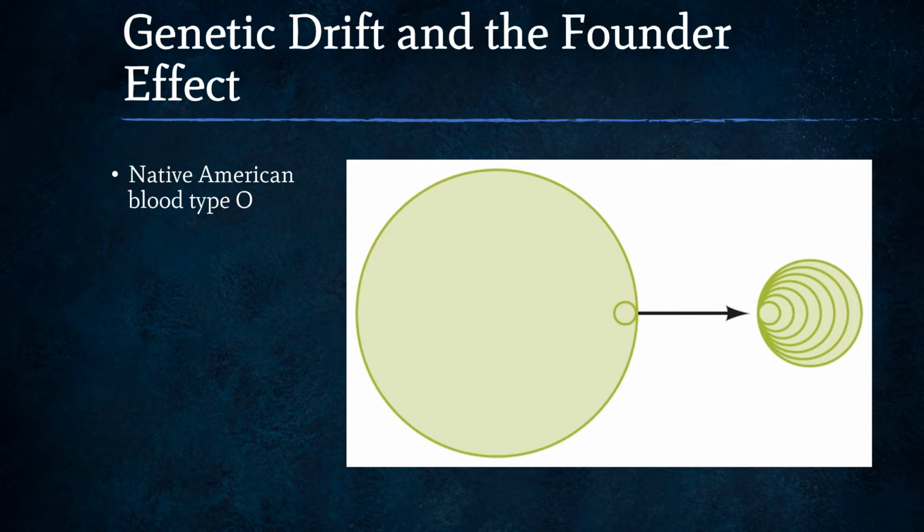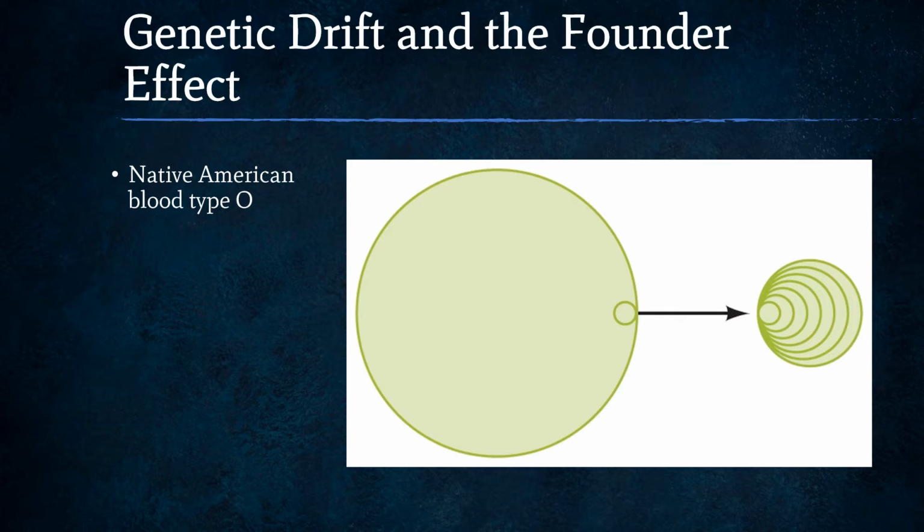If a small group of individuals migrates to a new area and becomes reproductively isolated, again, that's called the founder effect. Native Americans descend from a small population of individuals that crossed the Bering Strait from Asia about 12,000 years ago, but while blood type O exists at very high frequencies in Native American populations, it's relatively infrequent in East Asians.